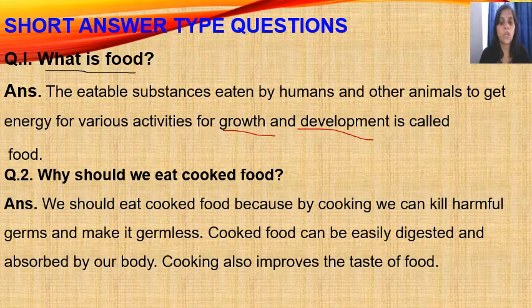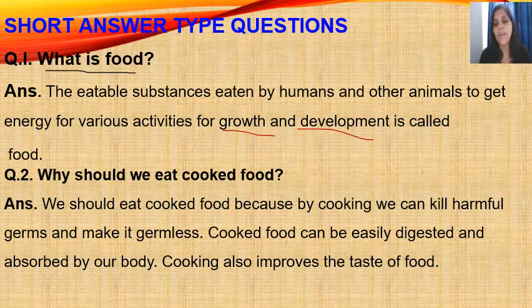Why should we cook food? Another very interesting and important question. We should eat cooked food because by cooking we can kill harmful germs and make it germless. All the germs which are present in the food are killed if we cook them. Cooked food can be easily digested so that our body can easily absorb it.